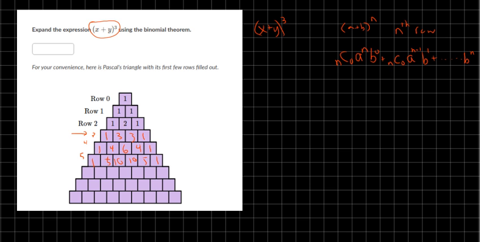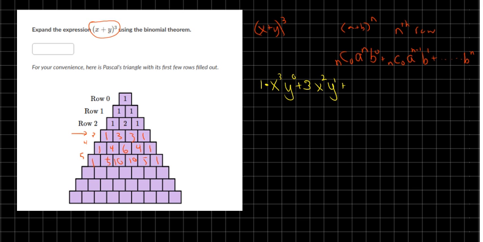So let's start here. We're in row 3. Our first coefficient is 1. 1 times our a is x and our b is y, so it's there. 1 times, plus, and then what's my next one? 3. 3 times, I'm going to go down on the x power and up on the y power.